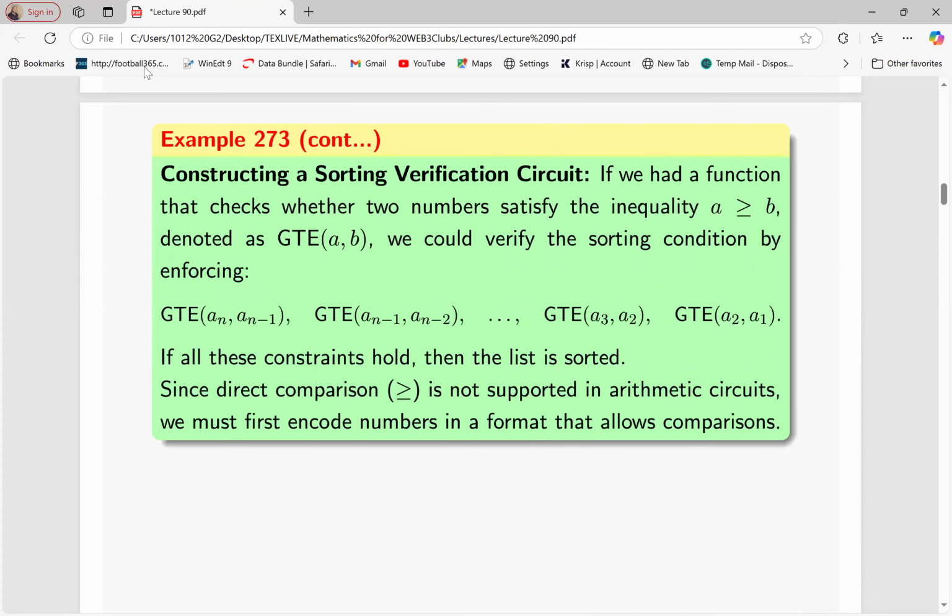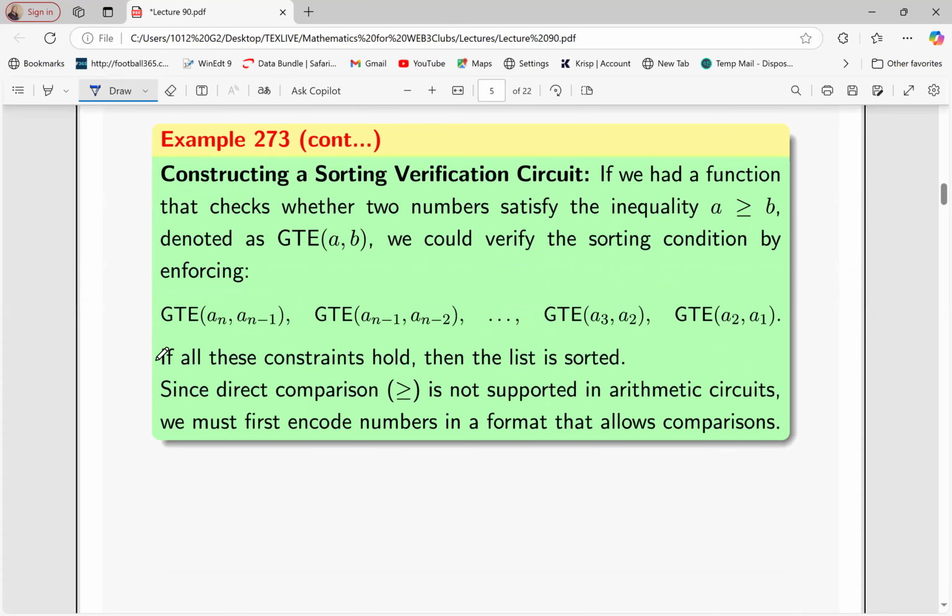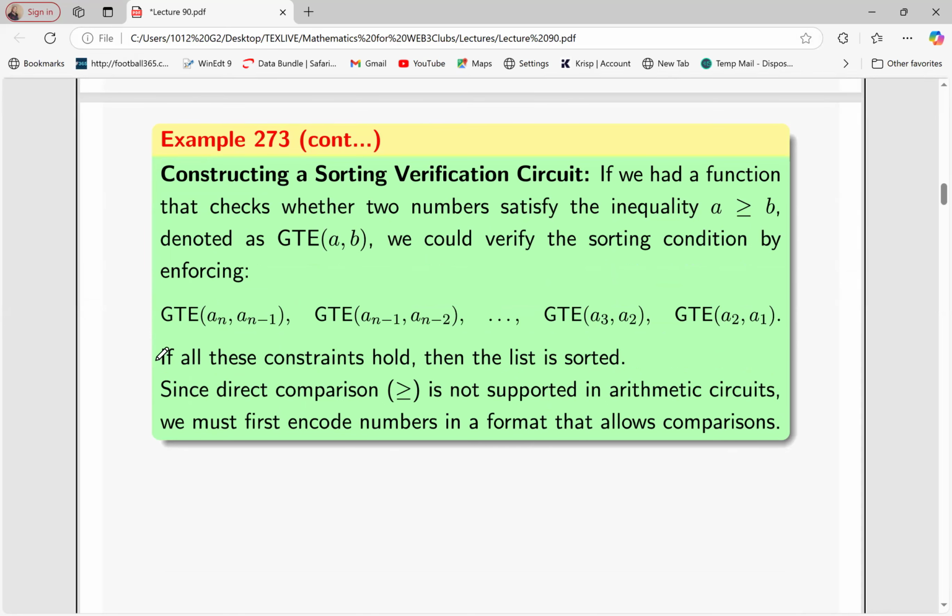Now, as I've already mentioned, while designing arithmetic circuits, we do not have this sign. We already said that arithmetic circuits have the signs addition, multiplication, and the equality sign, but it does not have this. So how do we go around to ensure that we have this?